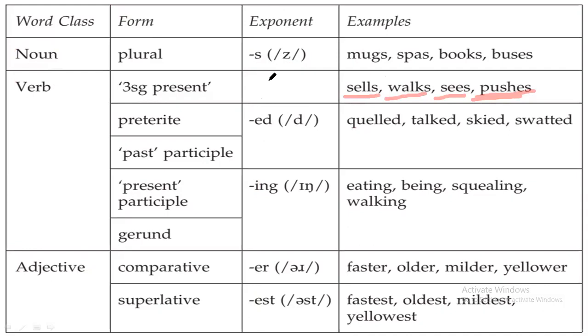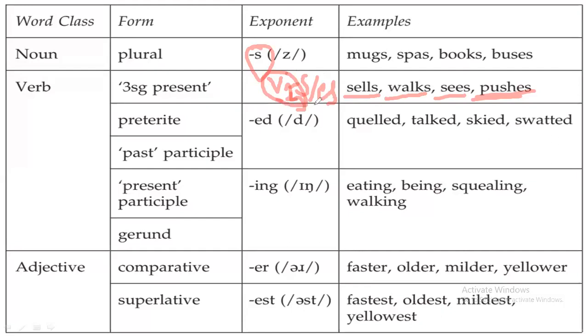You can write V5 also, since you have third person singular here. But exponent means especially, in V5 you can write S or ES. These are exponents of V5, right? Okay. Yes. S or ES.